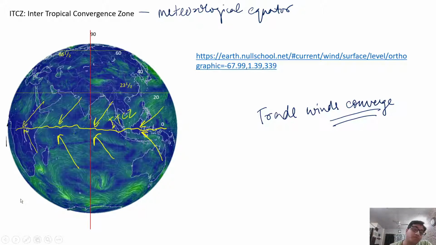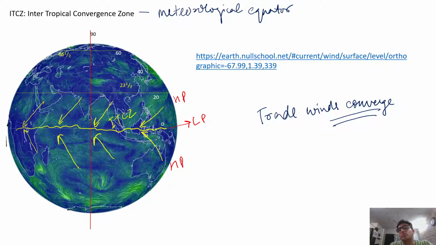So how do we identify ITCZ in a map or in the globe? Since these two winds are converging in this zone, I am sure you all understand that this is a low pressure zone. So these zones are relatively at high pressure from where the wind is starting, and the place where they are converging is a low pressure zone.